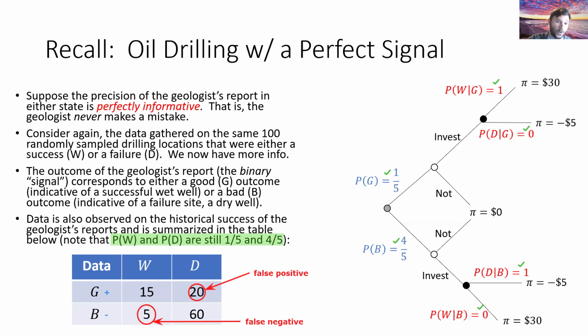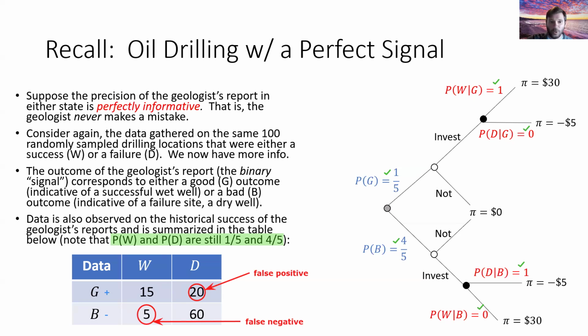I said out of the 20 wet wells, the geologist only gets it right 75% of the time, meaning gets it wrong 25% of the time. Same thing for the dry wells. Gets it wrong a quarter of the time. A quarter of 80 is those 20 false positives that we're seeing.